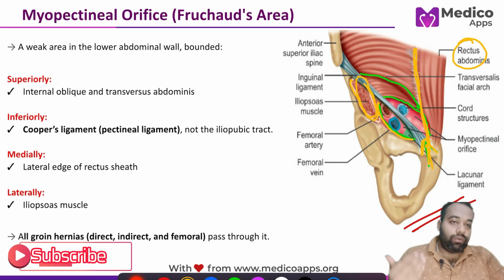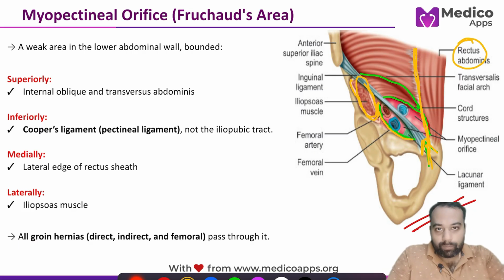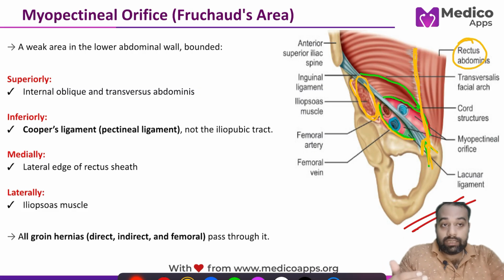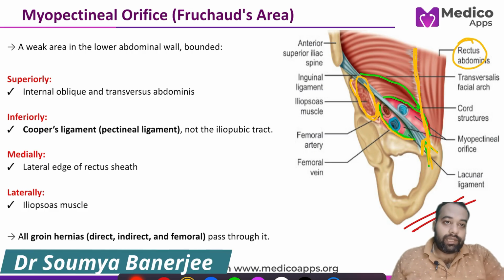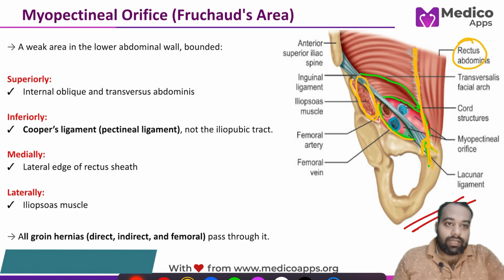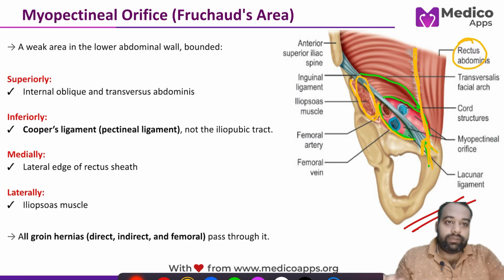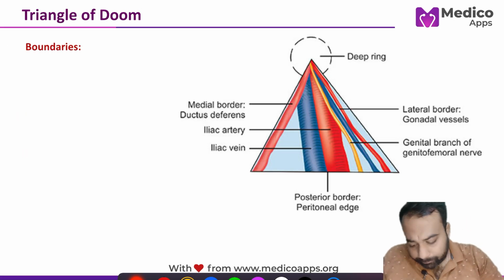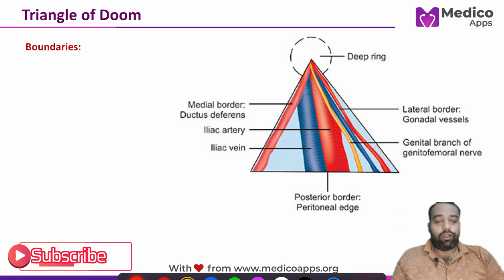And obviously we try to cover all four sides with a 5 centimeter overlap. We place the mesh in this myopectineal orifice so that if the patient comes to me with a direct inguinal hernia, after doing the procedure we are able to take care of not only the direct inguinal hernia but also the indirect inguinal hernia and the femoral hernia as well, right? So this is the importance. Now let's try to understand what the triangle of doom is.